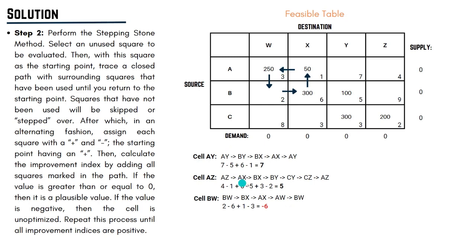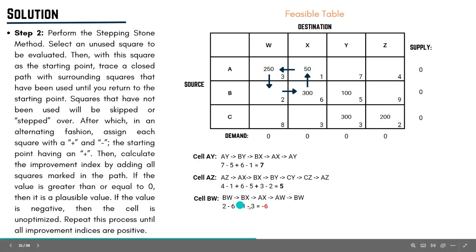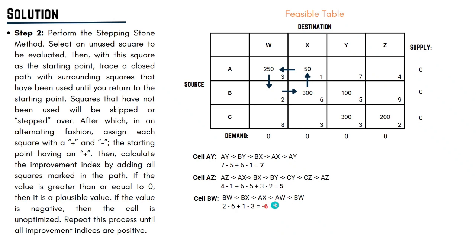As you can see, our improvement index is negative, in which case we'll perform an improvement of such index, which we will discuss later. However, before we improve on this index, we must first solve for the other squares to determine if cell BW is indeed the lowest value.